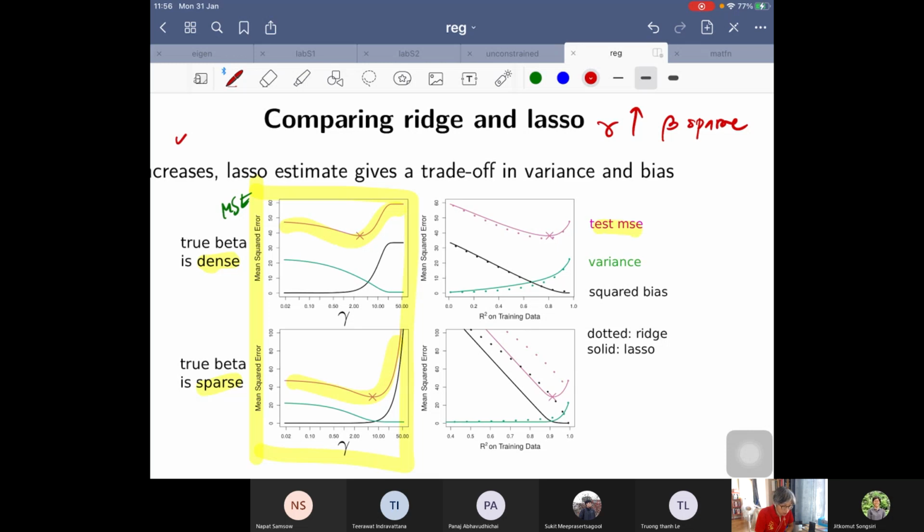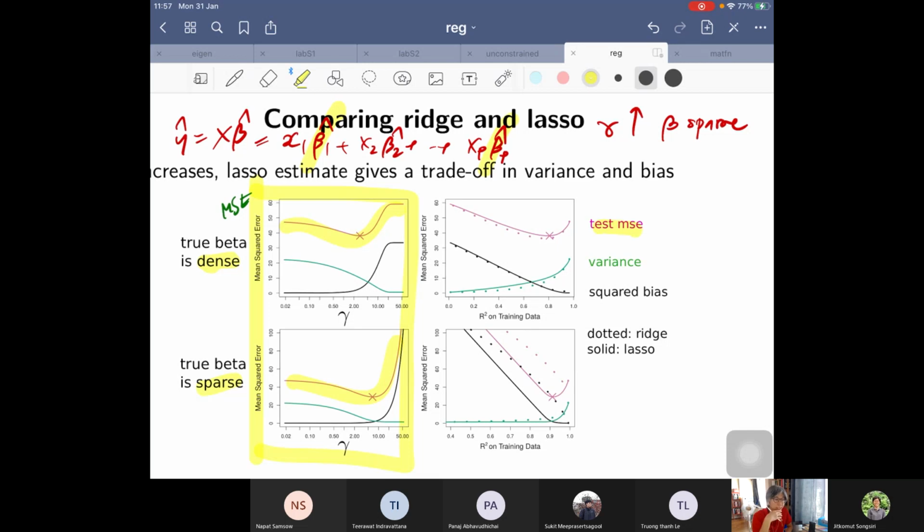So if you look at the corresponding model, my x hat times beta hat, that's my predictor 1 times regression coefficient 1, and so on. If some of them are 0, in terms of model complexity, is your complexity less or more?